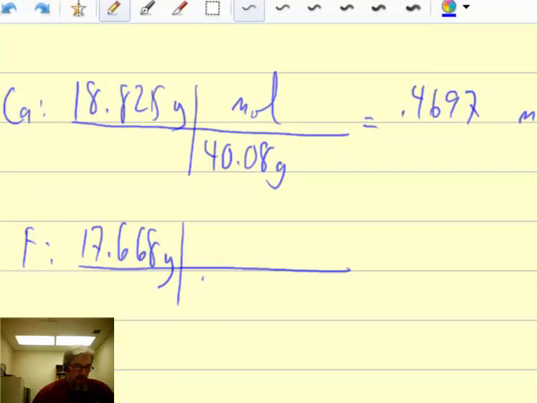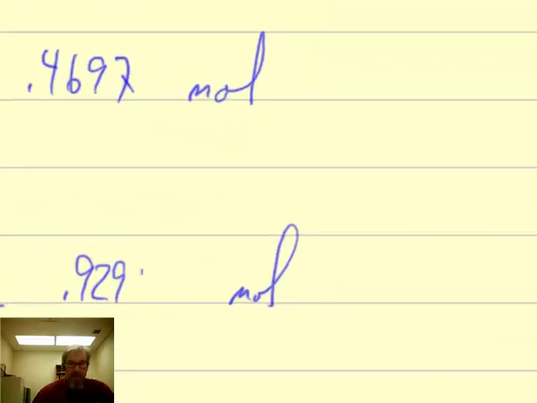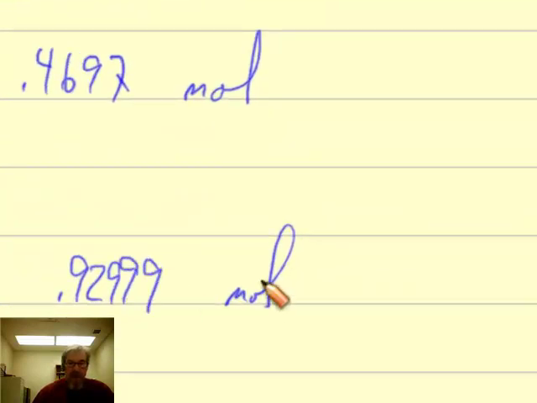I want to do the same thing for fluorine. Molar mass of fluorine is 18.998 grams per mole. So that will give me moles of fluorine, and the answer is 0.92999 moles. Now I want a ratio.